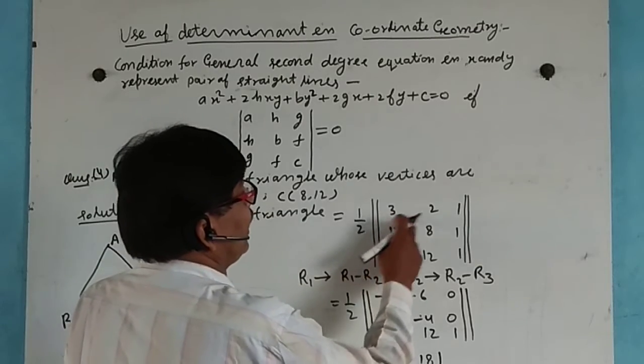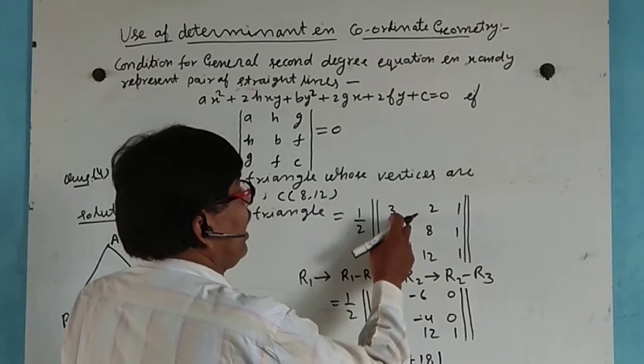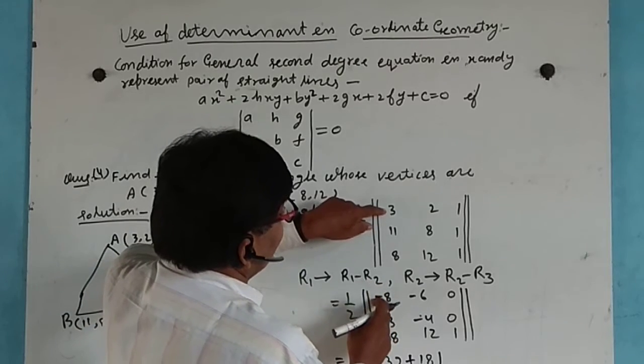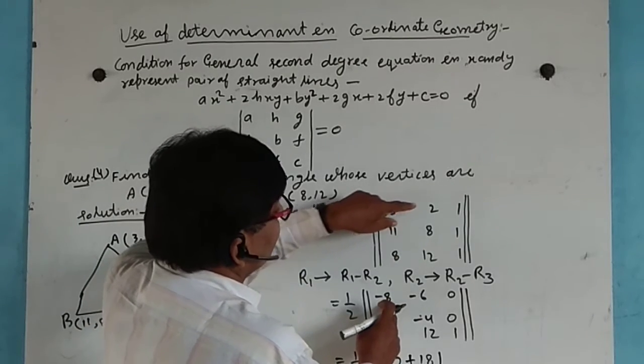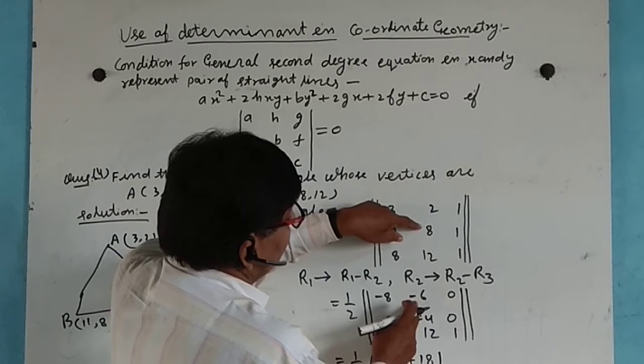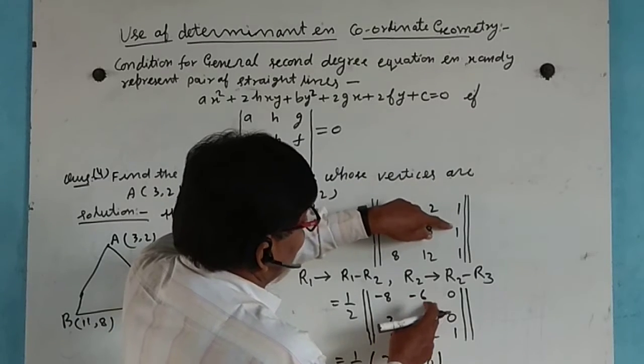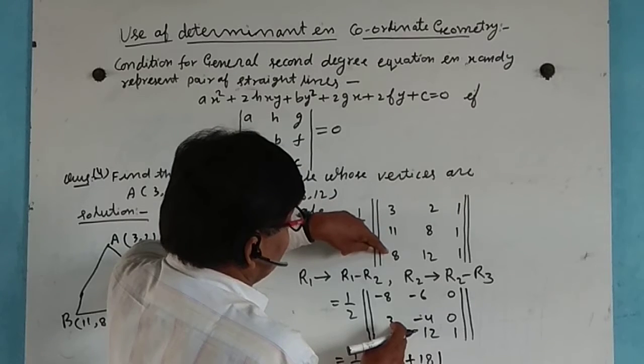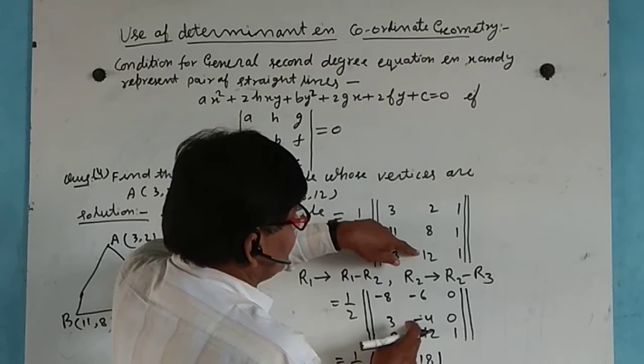R1 replaced by R1 minus R2: 3 minus 11 is minus 8, 2 minus 8 is minus 6. And R2 replaced by R2 minus R3: 11 minus 8 is 3, 8 minus 12 is minus 4.